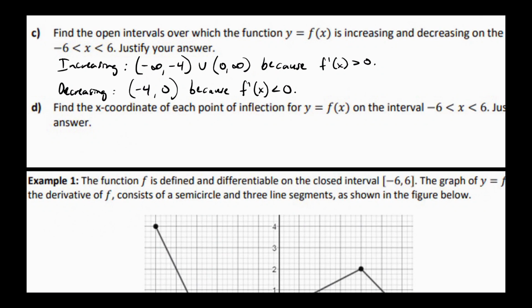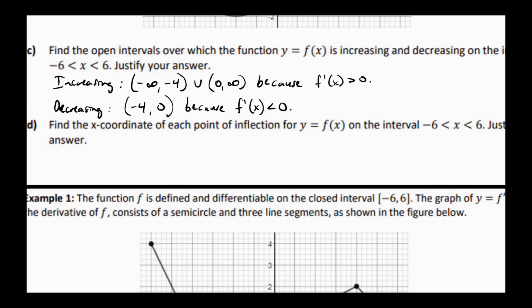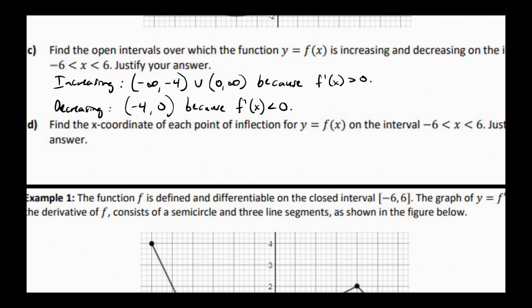How did I do points of inflection last chapter? Second derivative. Good. So to do a second derivative, that's pretty easy for this question on the board, right? Find the derivative again. I don't have that though.